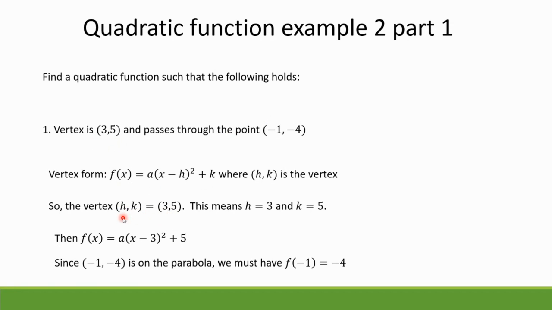So h must equal 3, k must equal 5. That tells us at least that f of x looks like this. I mean, we don't know what a is yet, but we know it has to look something like this.